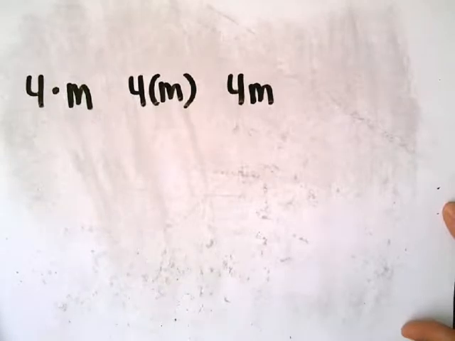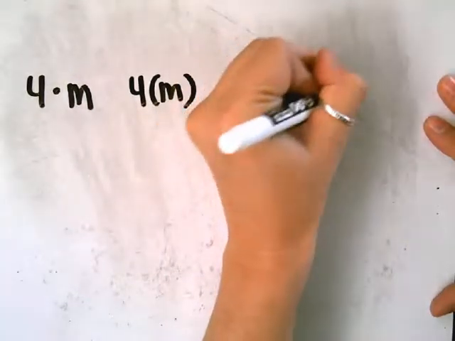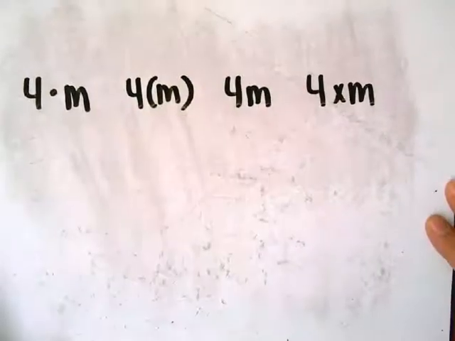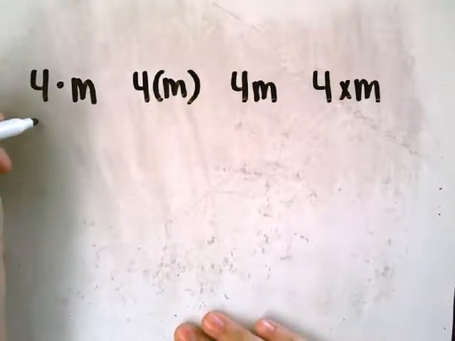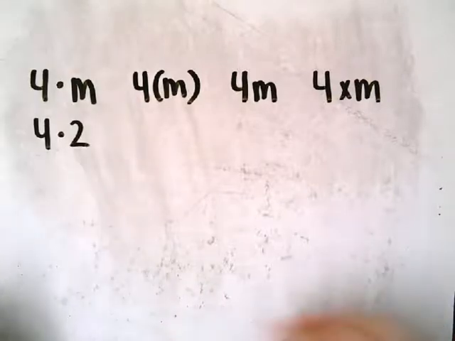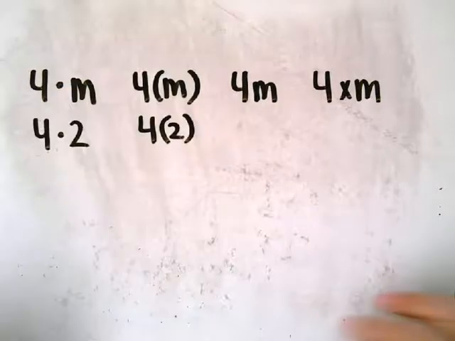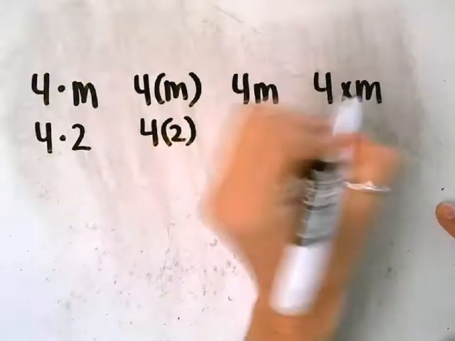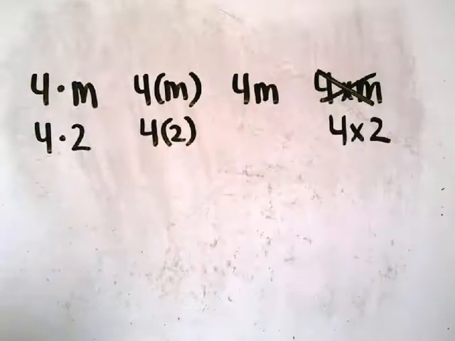A way that you are not going to see it is like this, because now that reads 4xm, using two different variables, x and m. You can also see these ways when working with two numbers. You can see 4 times 2 written like that. And you could see 4 times 2 still written like that when you're working with two different numbers, no variables.